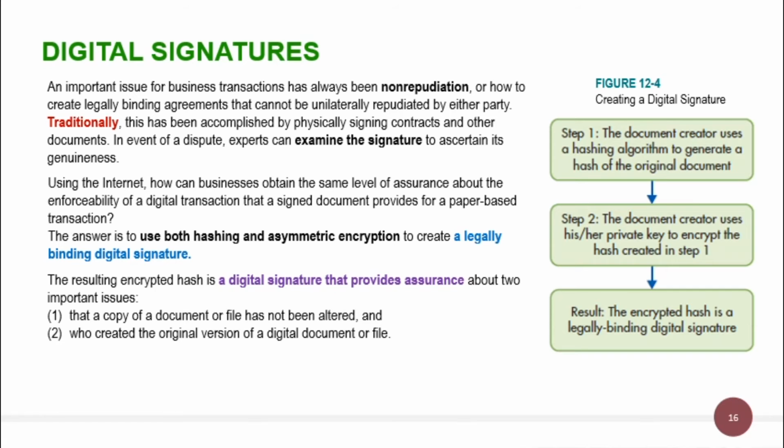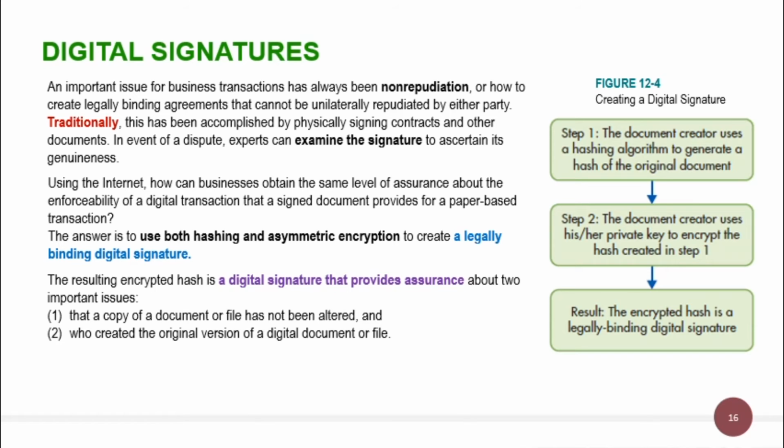As in the traditional way, if we make an agreement, one of the parties will sign the document, and there is a stamp in Indonesia like a materai, and the other party who signed the document also will sign with the same materai, and then they can exchange the document to make sure that the document is genuine, it's original, it's the same one.